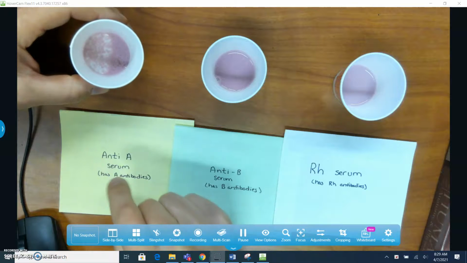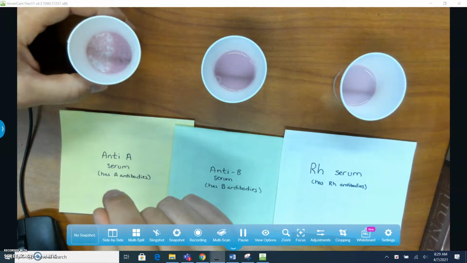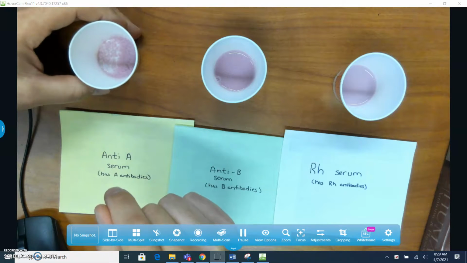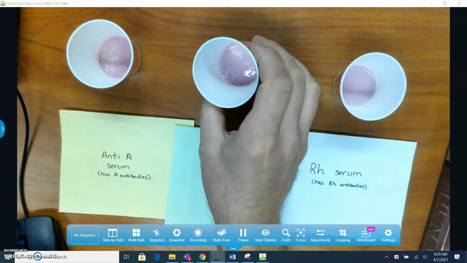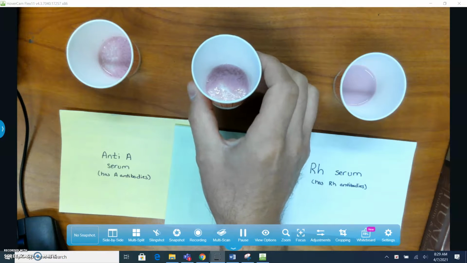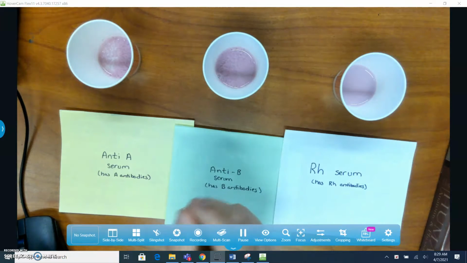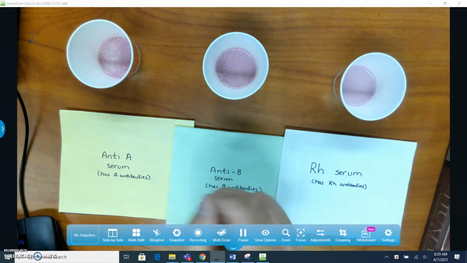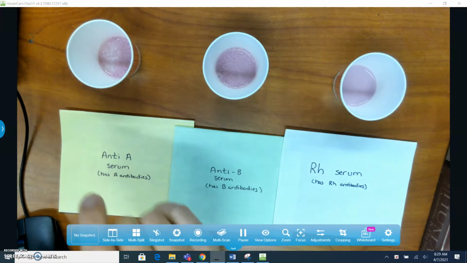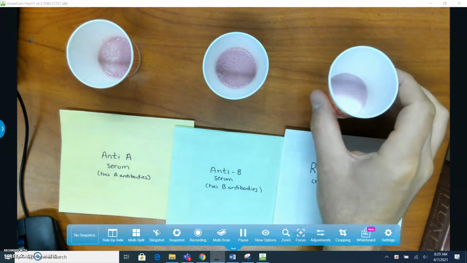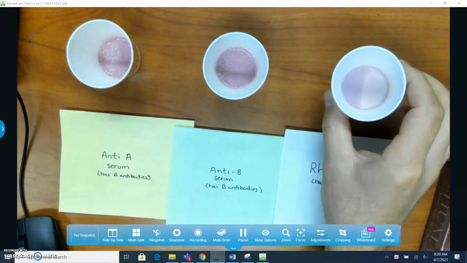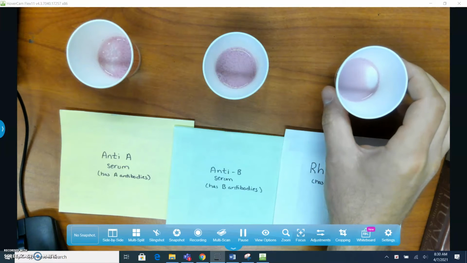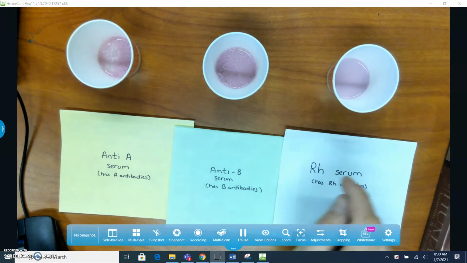Okay, the A antiserum caused agglutination, so the A antigen is present. The B antiserum caused agglutination, so the B antigen is present. Now I know I have type AB blood. But with the Rh antiserum, nothing happened, so it is AB negative.